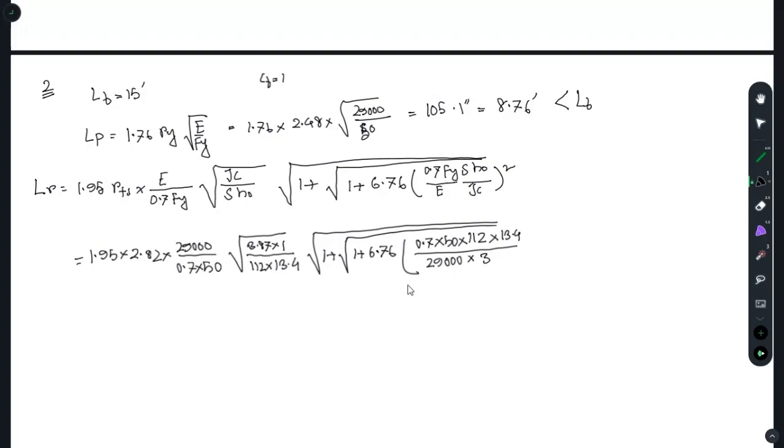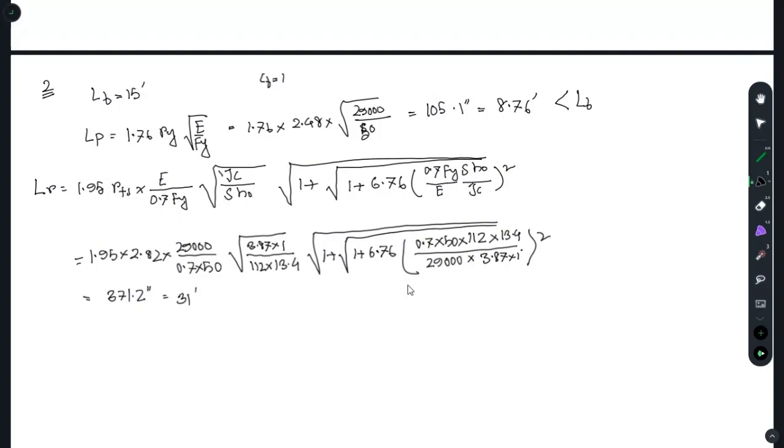Did I use it earlier? Yeah. J value is right over there, here. So that is 3.87, and c value is given. This is Cb, that is 1. You just square that, and from here you will get a value of Lr, 371.2 inch, and if you convert it to feet, it will be 31 feet.